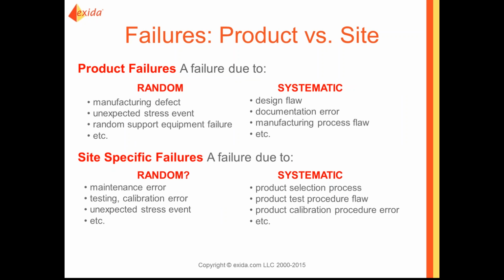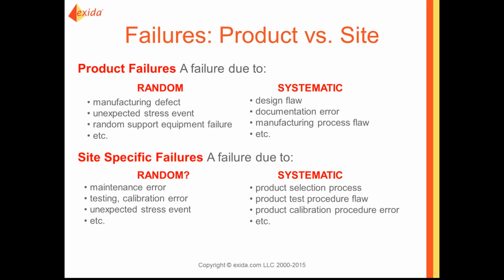So it leads to the question about how do we categorize random and systematic failures between product and plants. I think we all would agree that manufacturing defects, unexpected stresses, random equipment failures are going to be random product failures. Design flaws, documentation errors, manufacturer problems are going to be systematic.